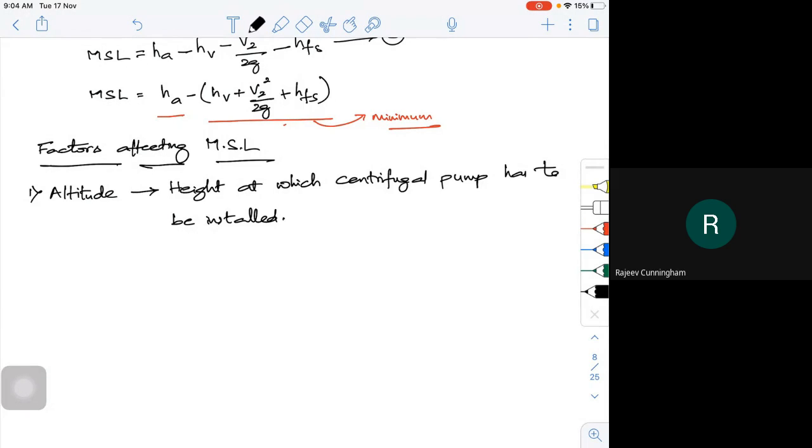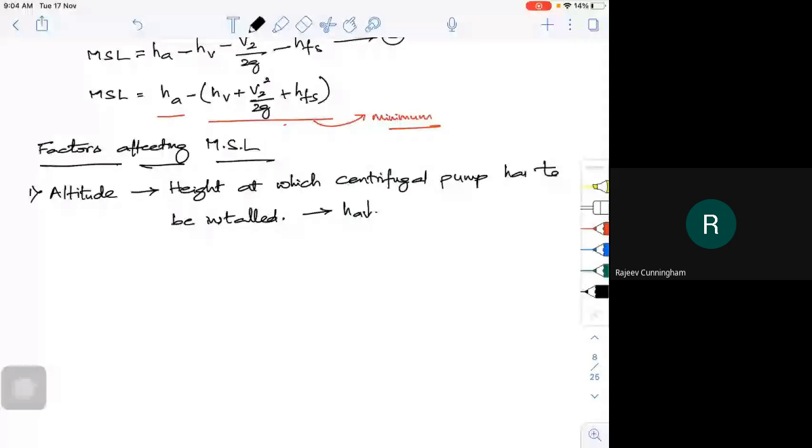This has a very big impact on your HA. With an increase in altitude, your atmospheric head will go down. Say I install the centrifugal pump in Bangalore, and then install the same pump on some hill station, its behavior is completely different. This is the first parameter.